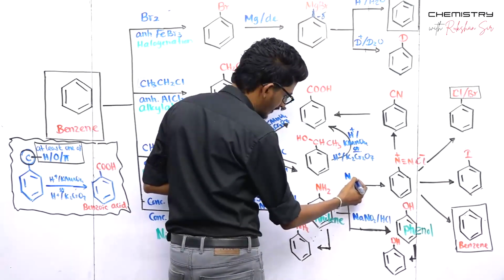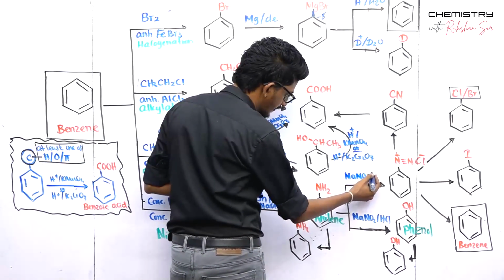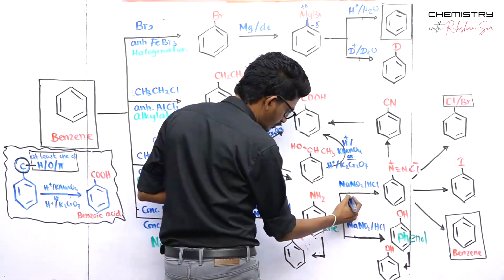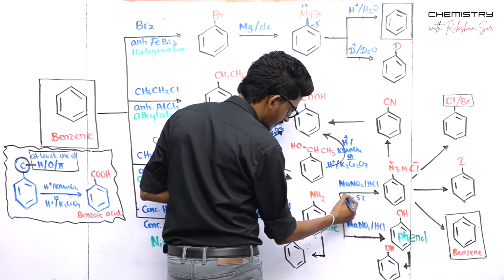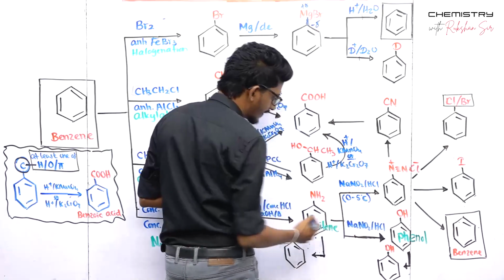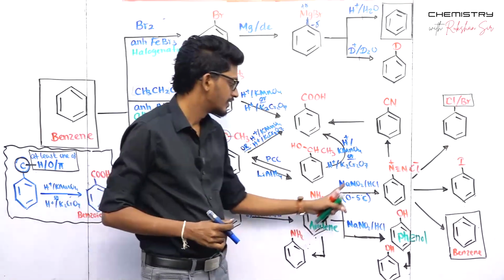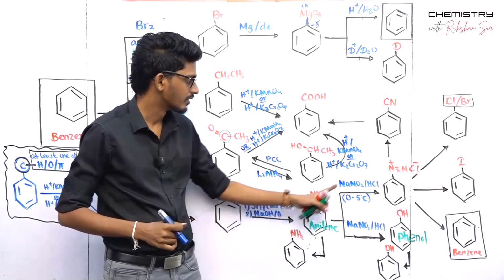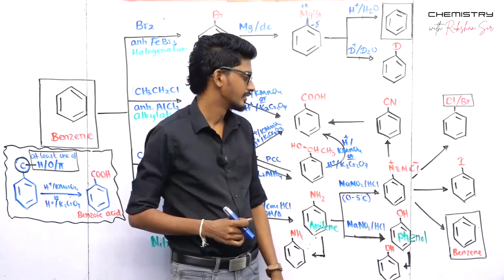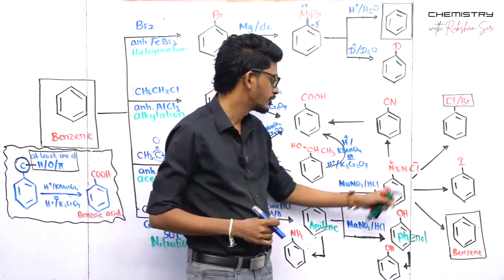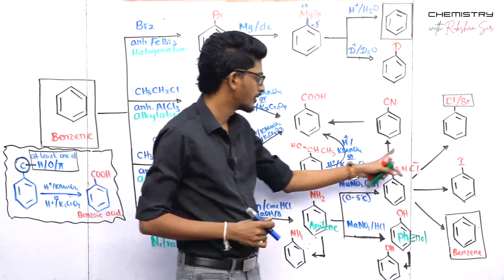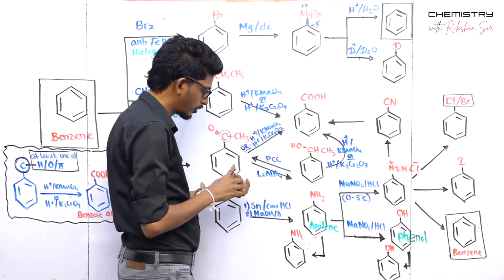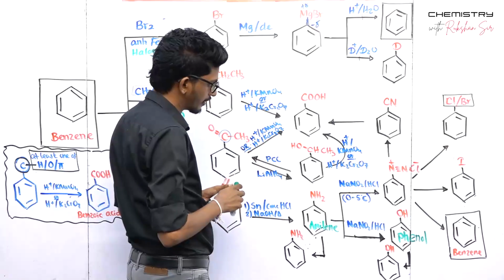If you add the same reagent NaNO2/HCl to aniline but at a very low temperature, 0 to 5 Celsius, this NH2 will be converted to N2Cl, and this compound is known as the diazonium salt. A very important compound in our chemistry, referred to as diazonium salt.